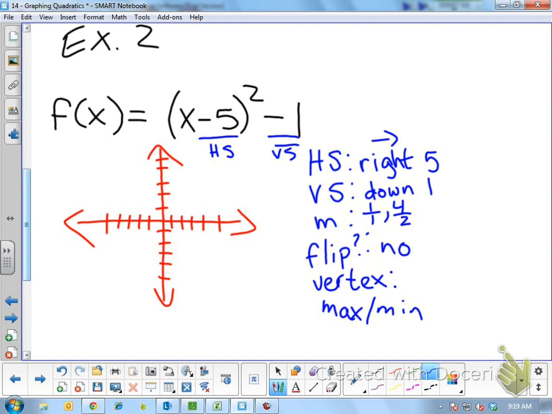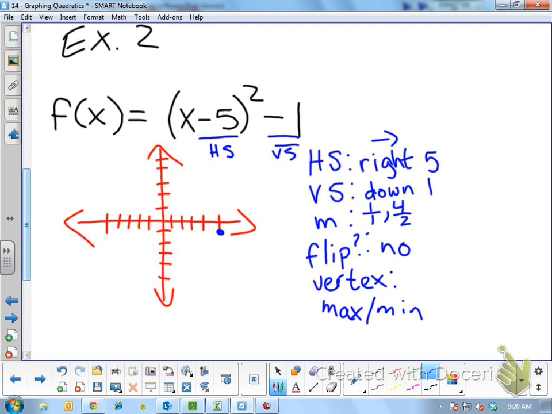So now we use these movements to draw our graph. We say right 5, down 1. That means from the center, because that's where my parent graph's vertex started, I go right 1, 2, 3, 4, 5, down 1. There's my new vertex. That's my main point. Andrew, Ayla, pay attention please.